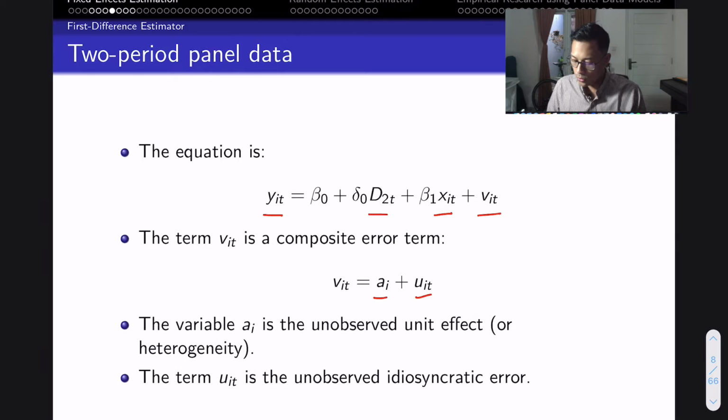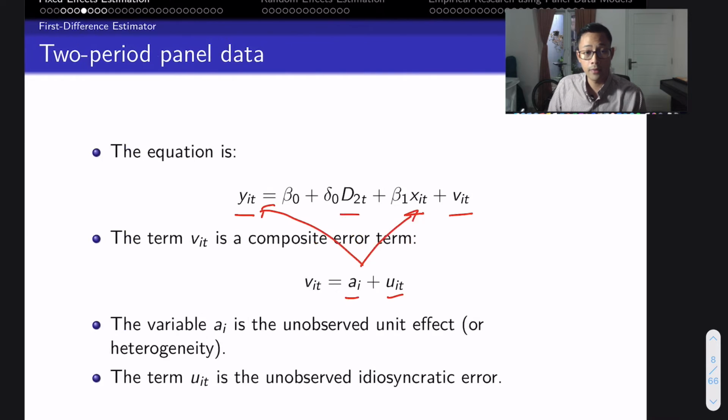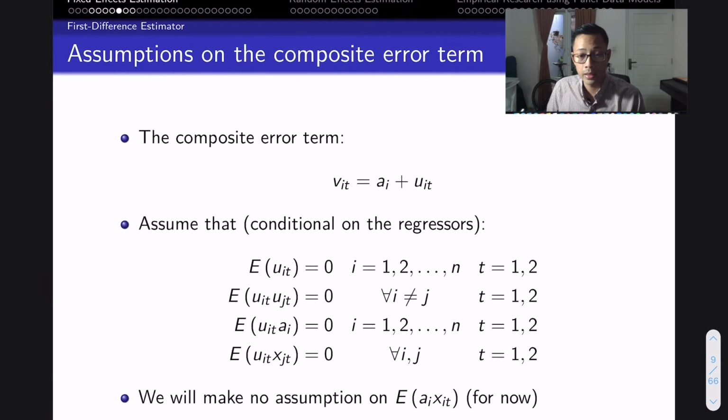Okay, so there are some assumptions conditional on regressors here. I do not explicitly write it, but let's assume that, conditional on the regressor, the expected shock is going to be 0, and the shocks across individuals are not going to be correlated. For example, on average, the shocks that affect me are not going to affect the other individuals as well. Another one is that there is no correlation between the unobserved heterogeneity and the shock.